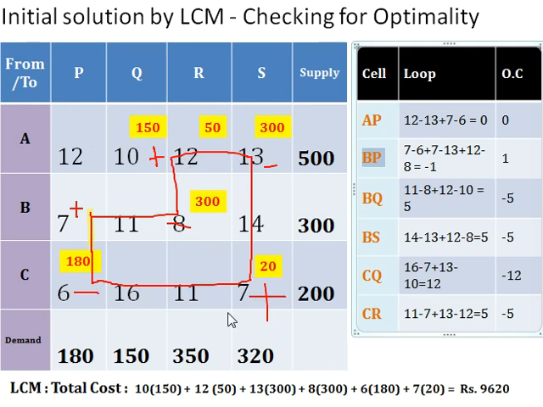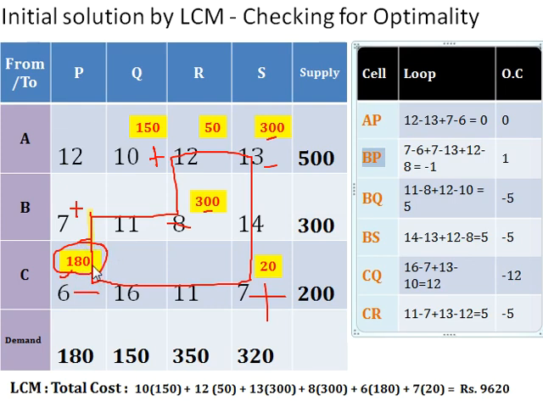Now out of all these plus minus signs, we are going to check the negative corners and their allocation values, as we usually do in the MODI method. So at the negative corners you observe the allocation value. Here it is 180, here it is 300, here it is 300. So out of all these negative corners, this one is minimum.